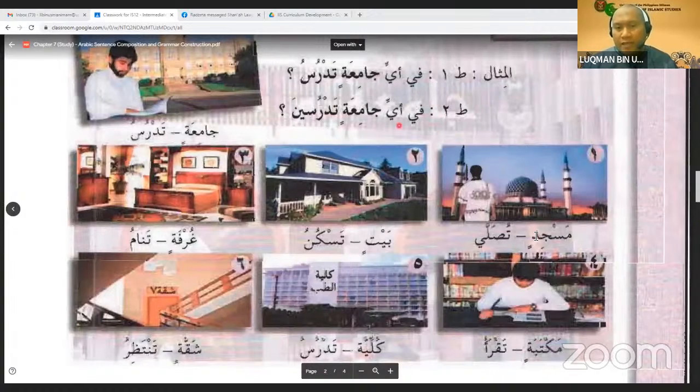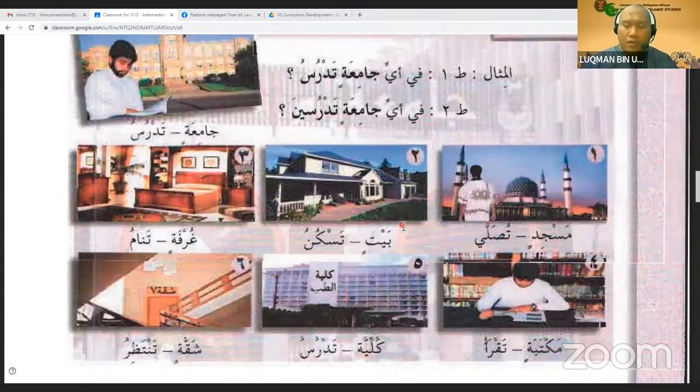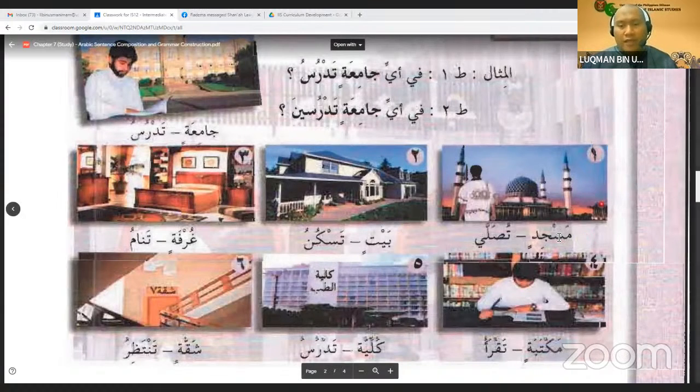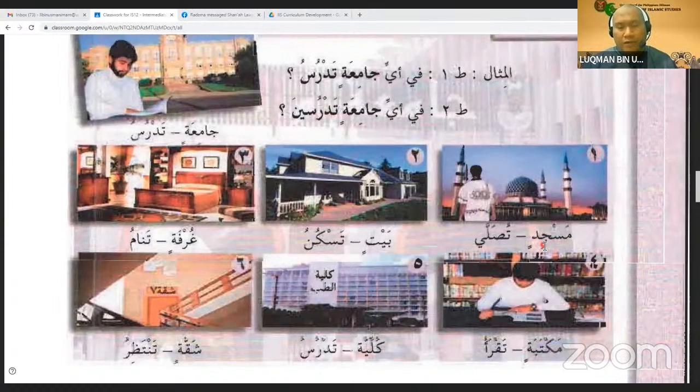So, في أي مسجد تصلي? In which masjid are you going to pray? في أي مسجد تصلين? So you have to convert the verb from masculine to feminine form. It's second person.